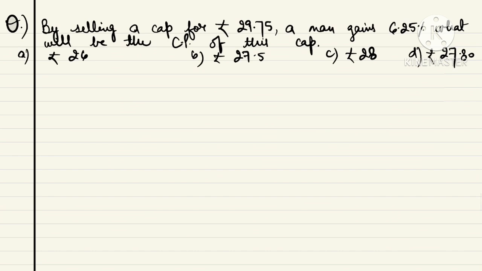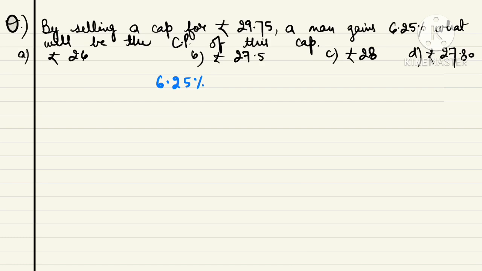So next question is, by selling a cap for rupees 29.75, a man gains 6.25%. What will be the cost price of this cap? Fine. So first we will deal with the percentage. It's given 6.25% gain.